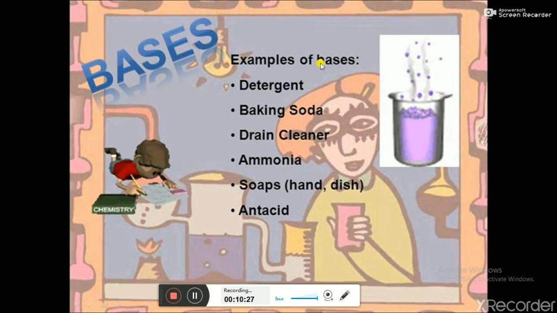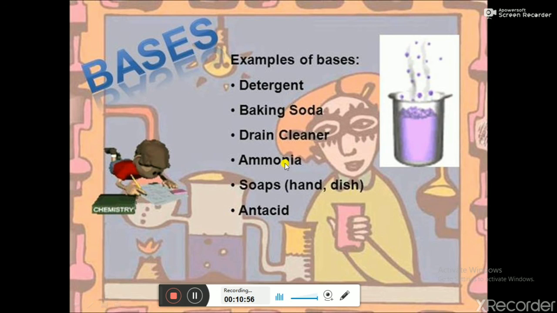Some common examples of bases which we use in our daily life are detergents. They are bases because they are soapy in nature, and they contain many bases. Baking soda, which we use to make cakes and many other food items, is also a base which we use in our daily life. Drain cleaner also contains NaOH.